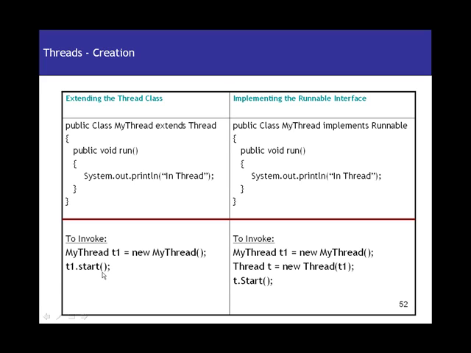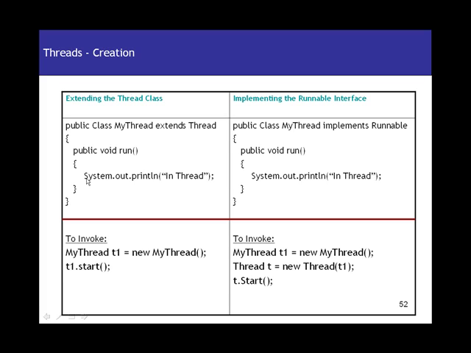If you had said t1.run, the JVM wouldn't consider your thread as a special object, and if you say t1.run, it will not create a new thread of execution, right? Keep that in mind. Only when you say t1.start, it treats your class as a special thread object, invokes a new stack of execution and does the processing, right?